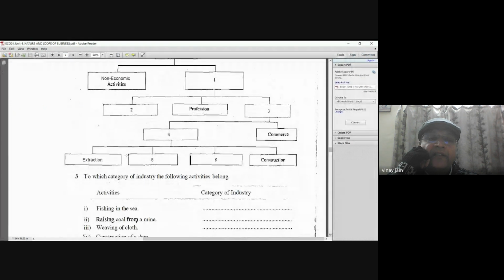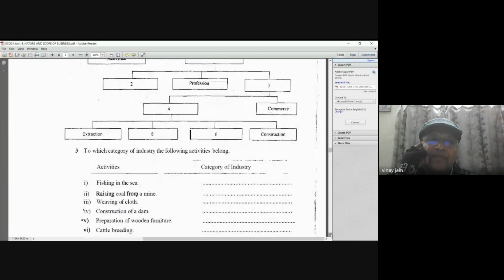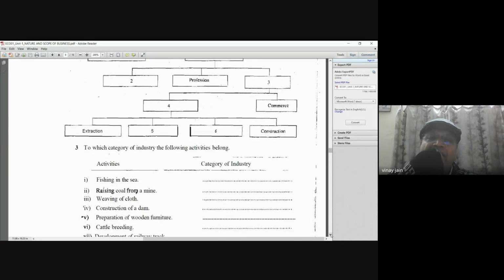And in industry, we have extraction industry, construction. And what are these? Anyone?